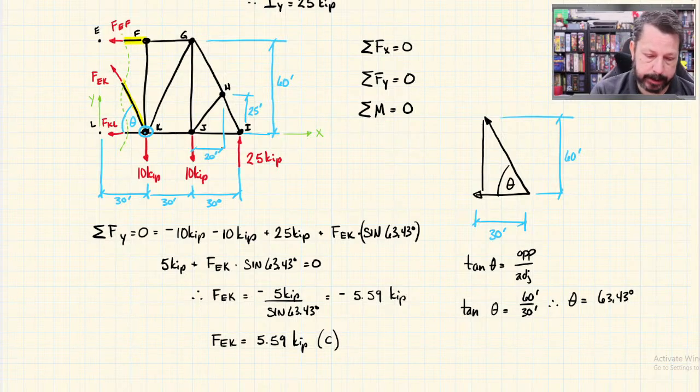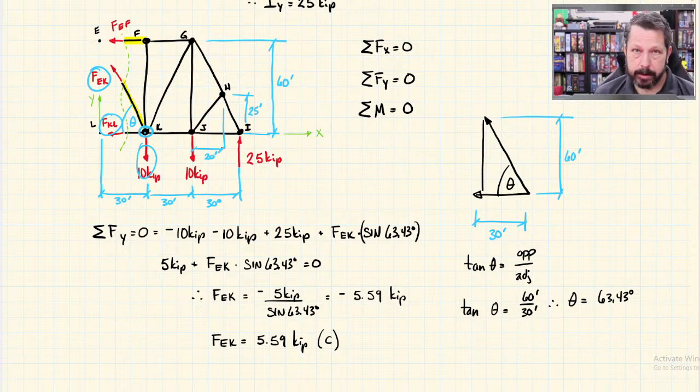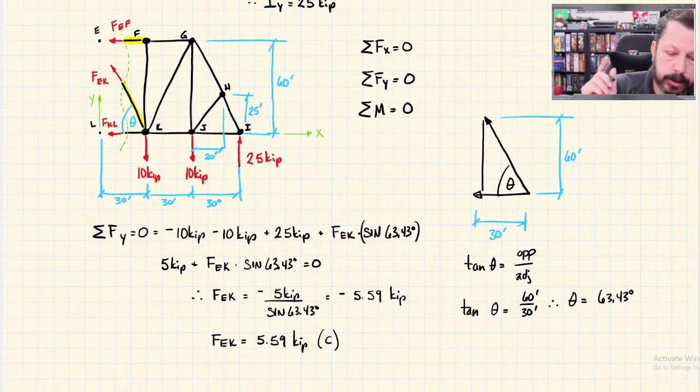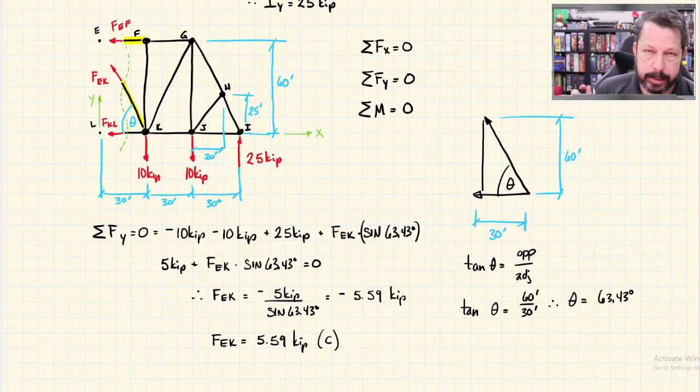And this 10 kips will not be in an equation for moments about K, because their line of action passes directly through K. That's the pushing on the door hinge problem where it doesn't do anything. So that's what I'm going to do. I'm going to sum moments about point K in order to solve for EF. Now, it doesn't always work.